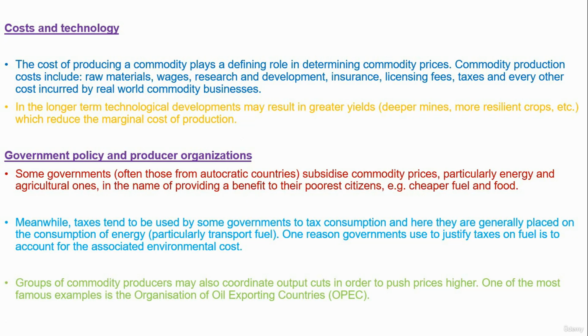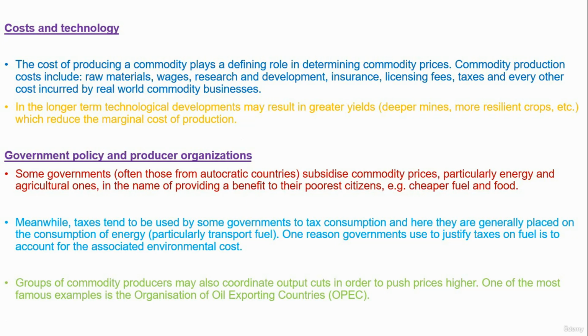Governments subsidize commodity prices, and this happens in energy and agriculture, because it helps the poorest citizens get fuel and food at a cheap price.